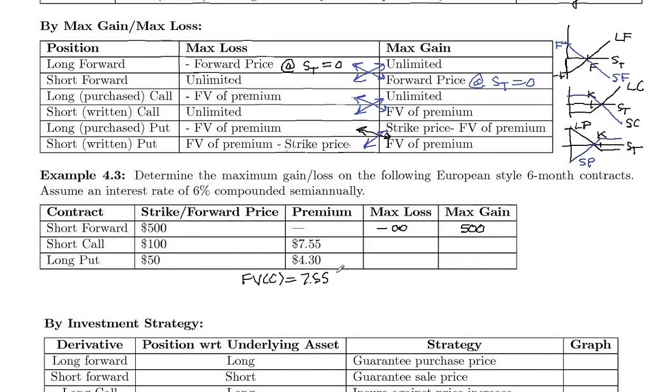So this is going to be 7.55 times 1.03, which is 7.78.